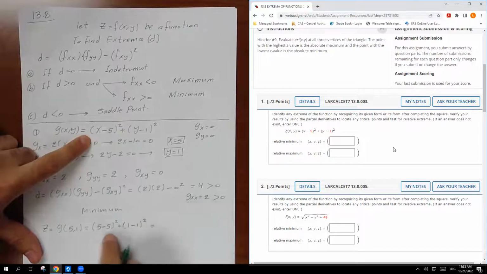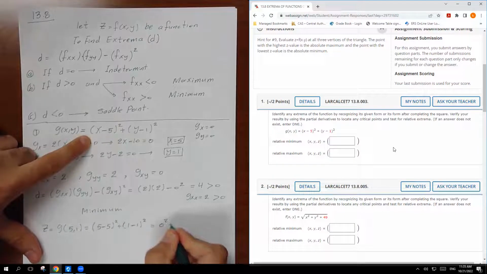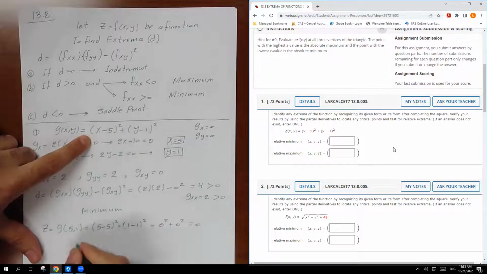And this one, 5 minus 5 is going to be 0 squared plus 0 squared, and equals 0. That means z equals 0. So the point is going to be x is 5, y is 1, and z is 0, the extrema minimum.